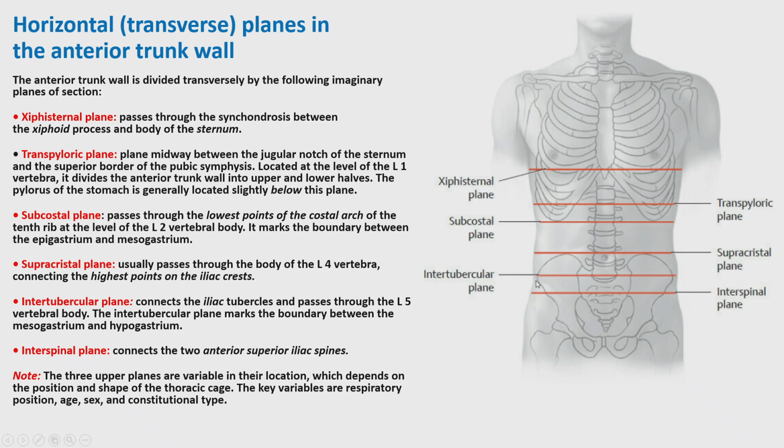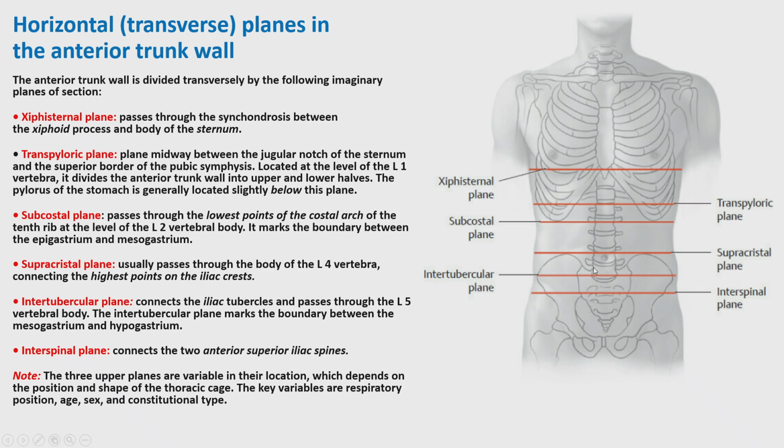Then in the lower part there are three lines that are mostly used. The interspinal line connects the anterior superior iliac spines together, and the other one is the supracristal line, which passes through the body of L4 and connects the highest part of the iliac crest of the right side to the left side.